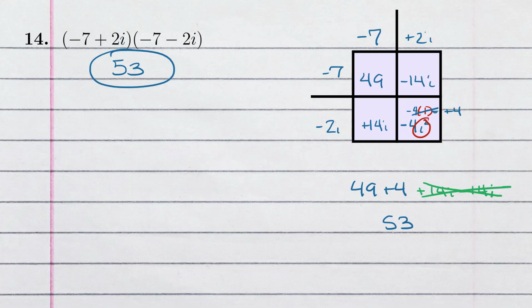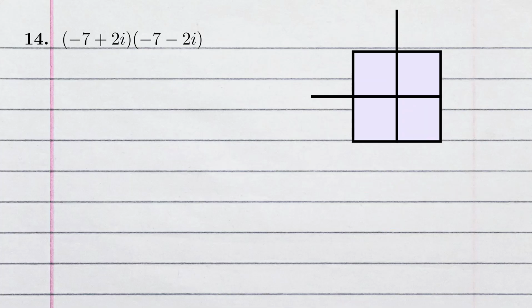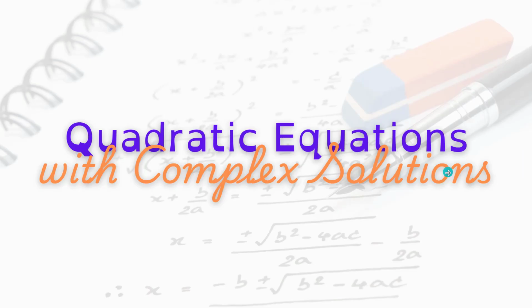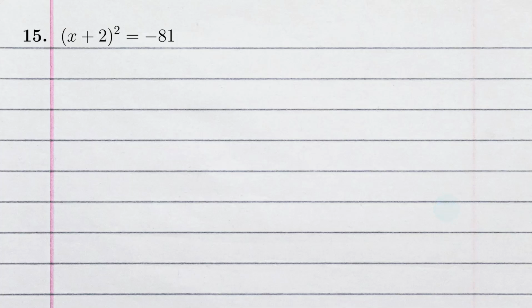Now looking at solving equations with complex solutions. Yesterday we just had imaginary solutions, but today we're going to have complex solutions. And so it's going to start very similar. You get your squared term isolated first. Our squared term is right here: x plus 2, that quantity squared, so it's isolated.